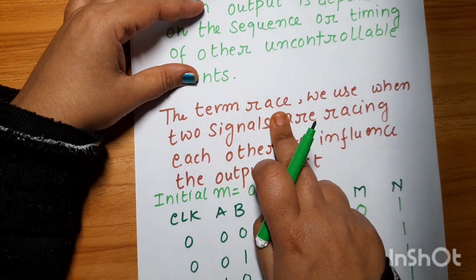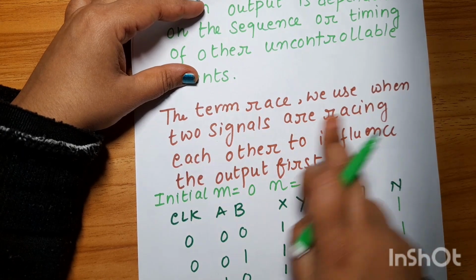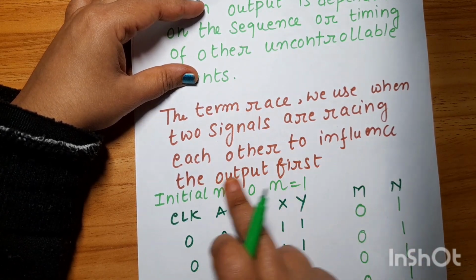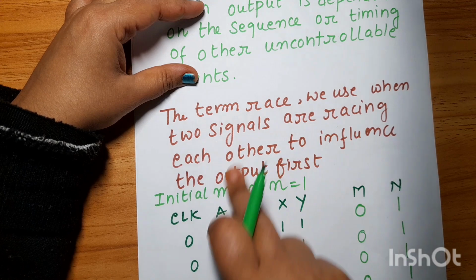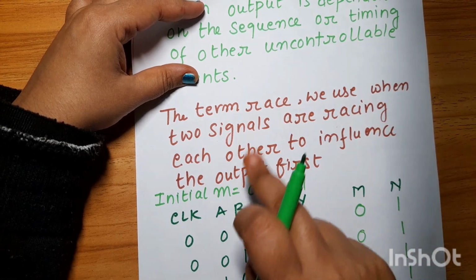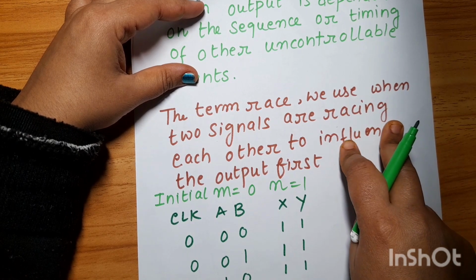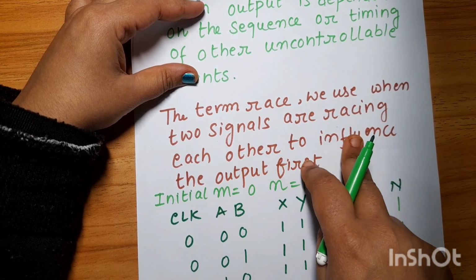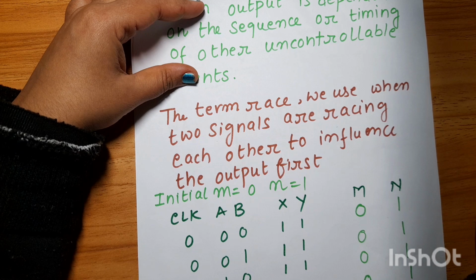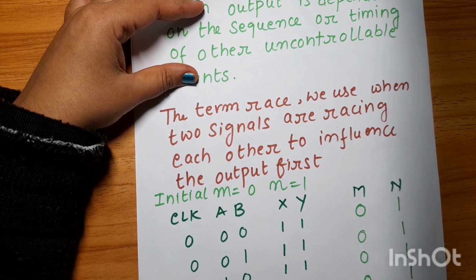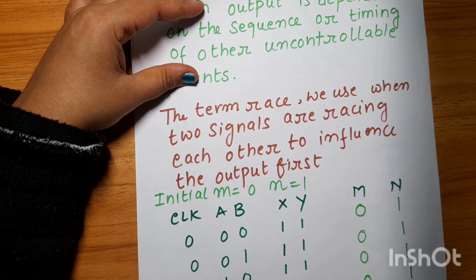The term race we use when the 2 signals are racing each other to influence the output first. Both of the inputs want to influence the output, and it is indeterminate which one would get reflected in the output, whether it is 1 or 0. Because we are talking about binary values, I am talking about 1 and 0.